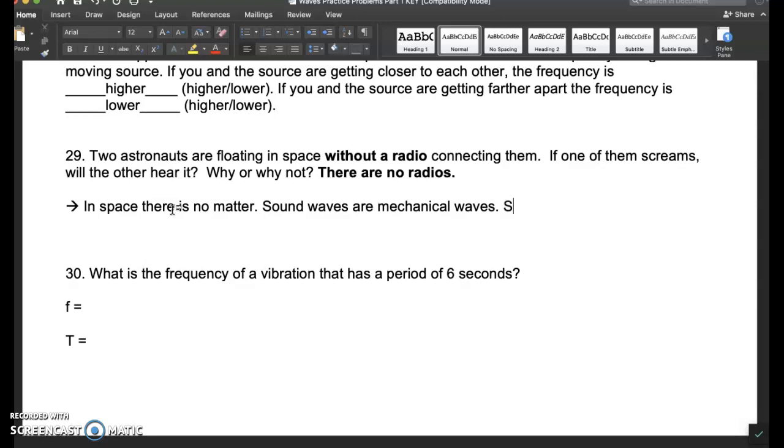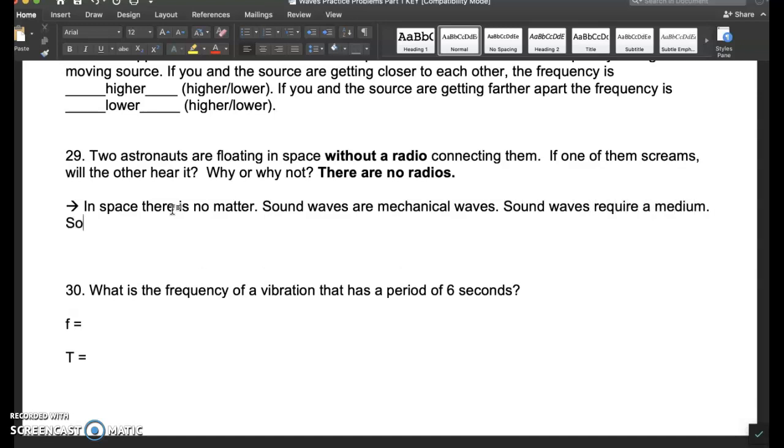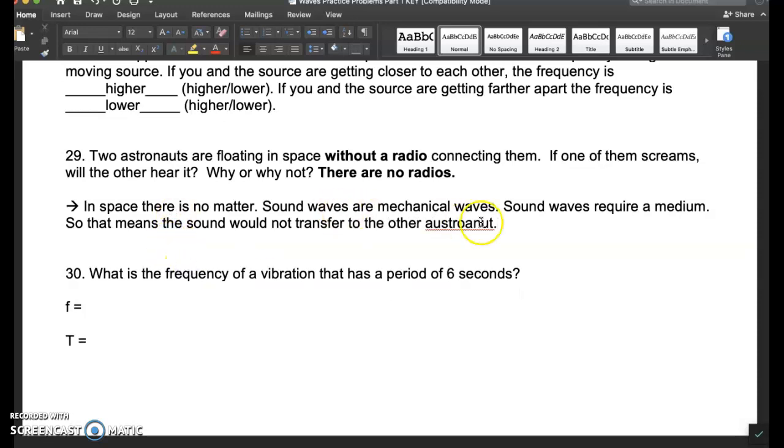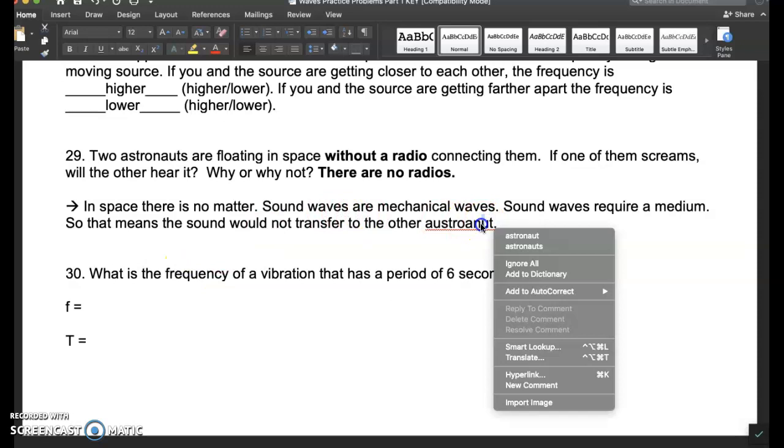And the answer is yes, sound waves require a medium. So that means that the sound would not transfer to the other astronaut. It doesn't have a medium. No.